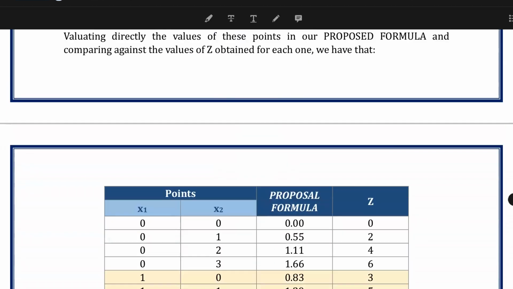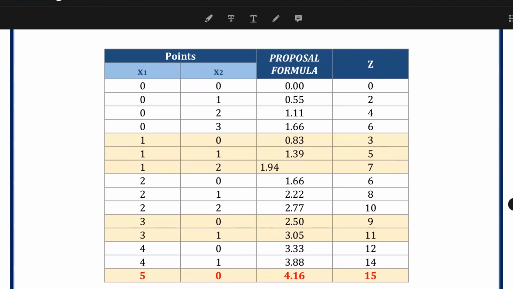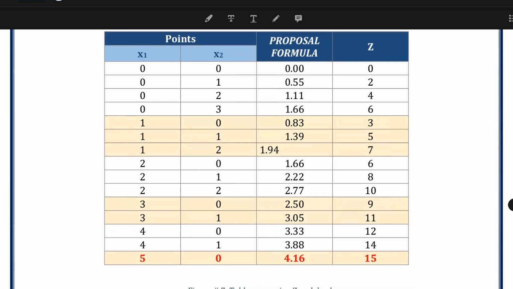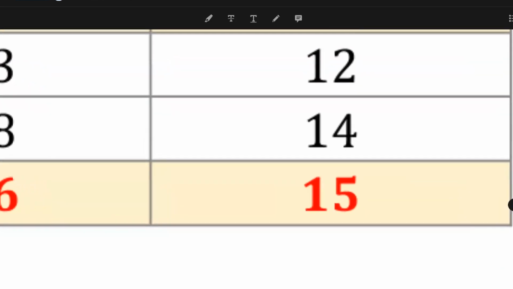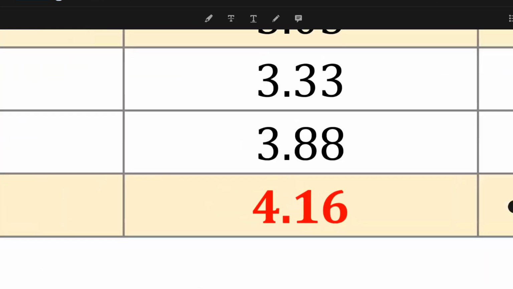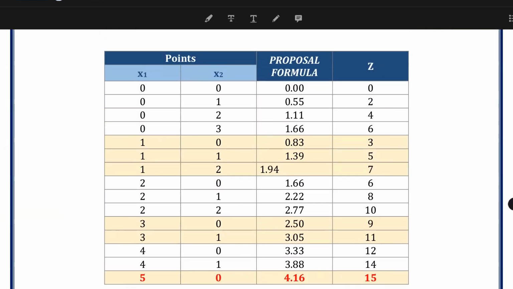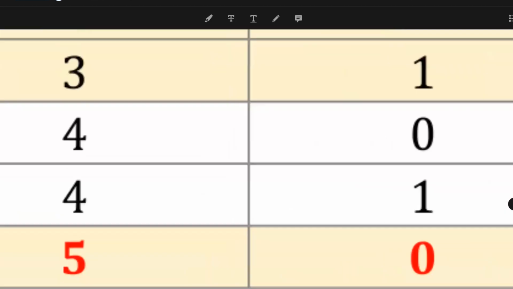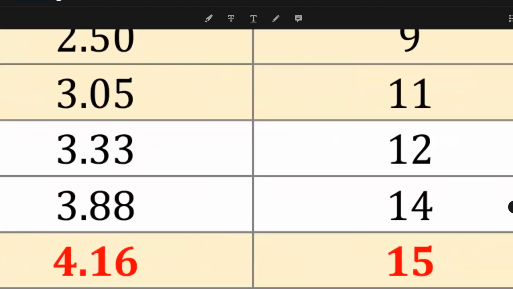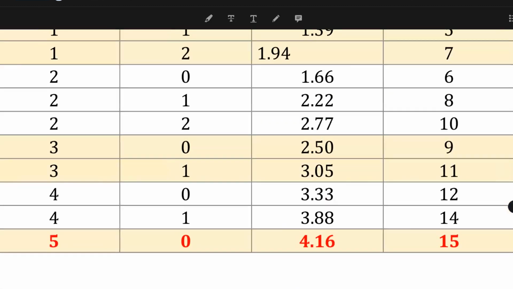And now we have the next table. These are the points. These are the values of the proposed formula for each one, and these are the values of Z for each one. And now we can check that we have the maximum of Z at the maximum value of the proposed formula. Now we are going to say that this is not the solution, but it is an indicator: at this point we have the maximum value of Z, where we have the maximum value of the proportional formula.